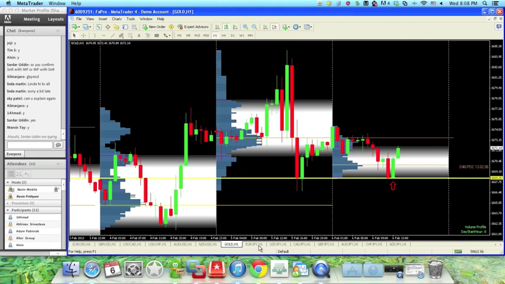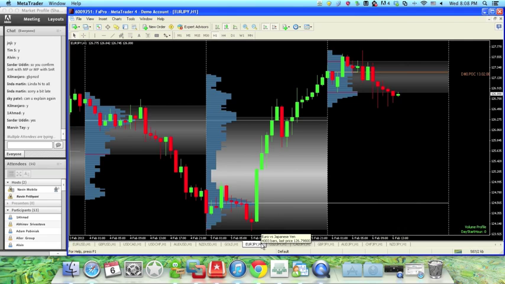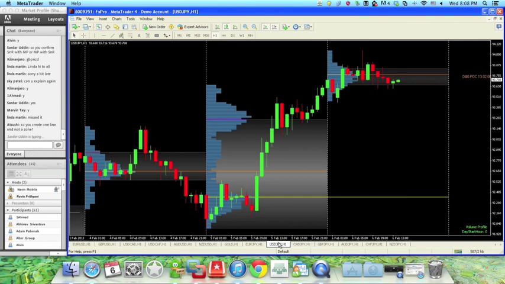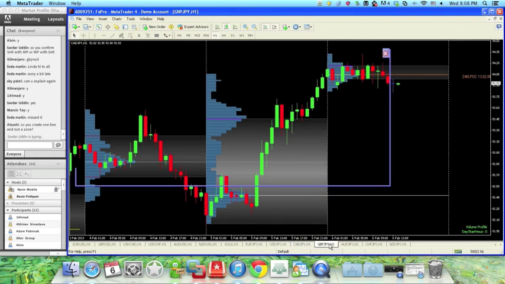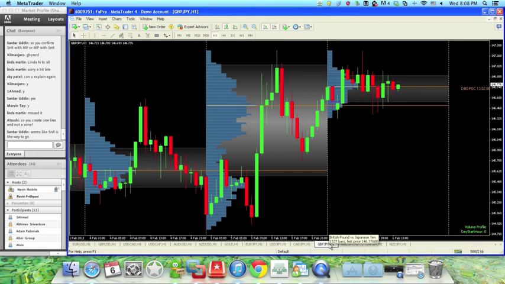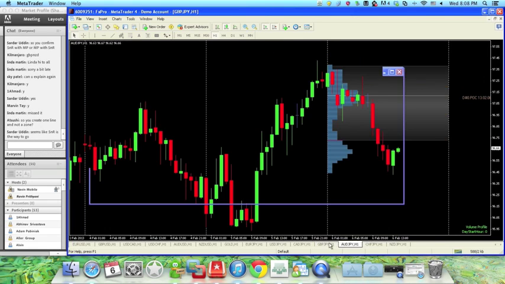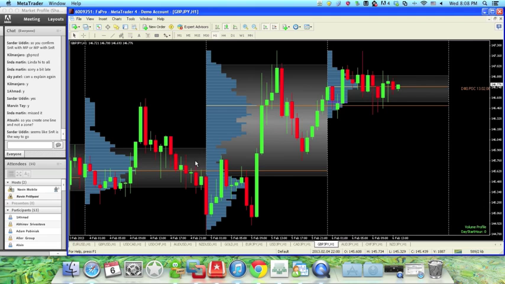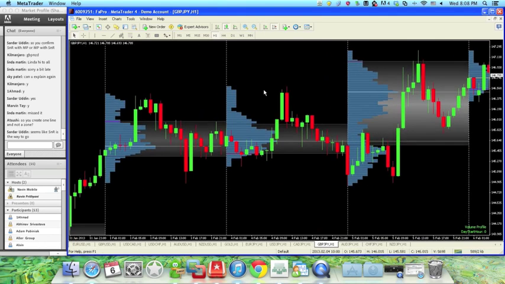Yeah, I'll explain one more time. Let's take a look at another pair and see if there's an example. You guys like Japanese yen pairs? Let's take a look at the beast.